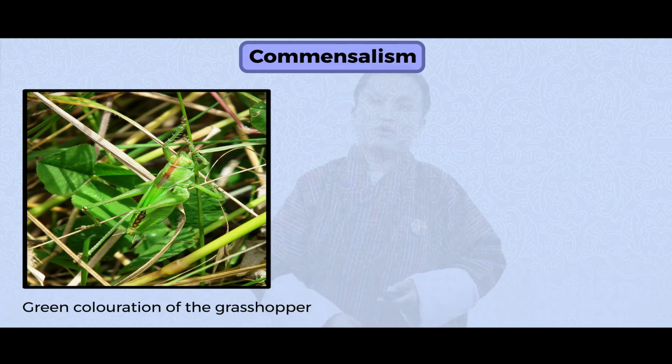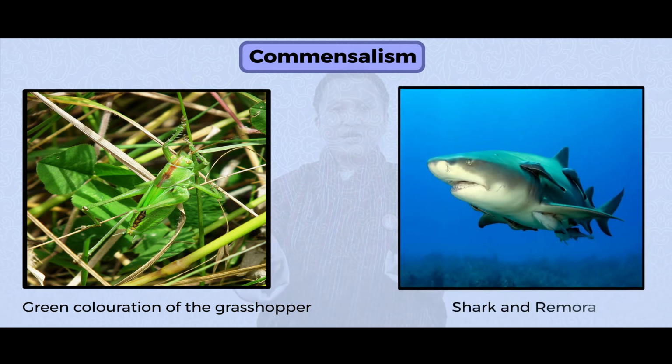Such a relationship, we call commensalism. In the same way, in the sea, there is a fish called remora, which takes the help of a shark to move from one place to the other by sitting on the body of the traveling shark. Here, the remora gets the advantage of traveling from one place to the other, but on the other side, the shark is neither affected nor benefited. So this kind of relationship, we call commensalism.